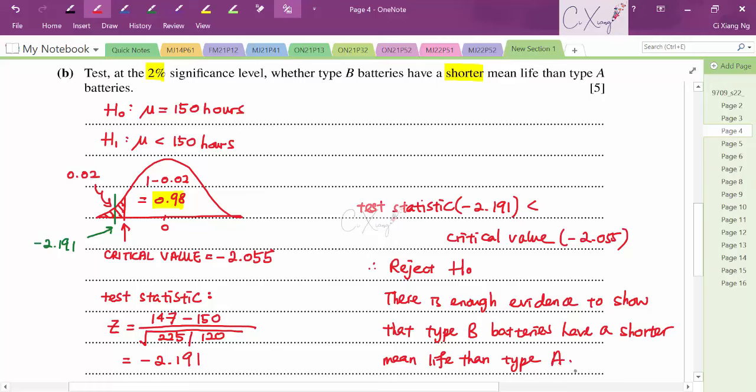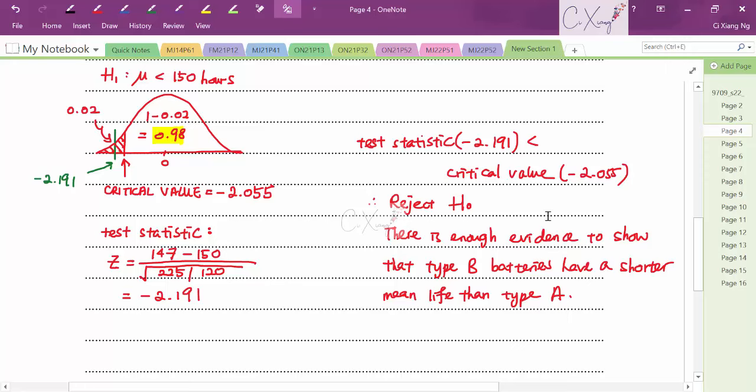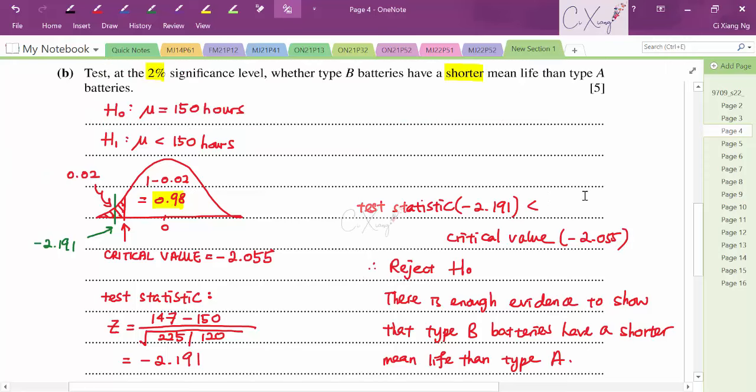So this is how we carry out the test completely. Now we can proceed to part C.